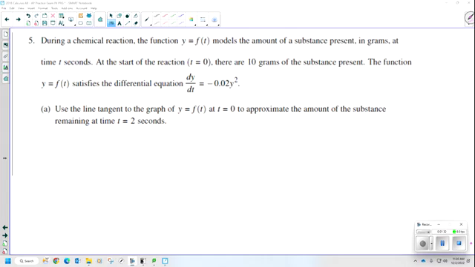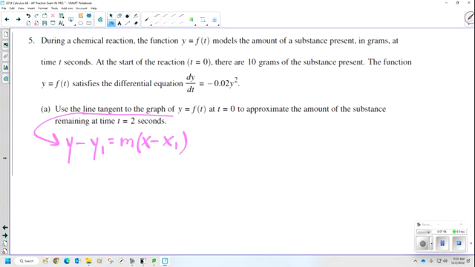Two things we need to do. Line tangent to the graph, that tells me y minus y1 equals m times x minus x1. Anytime you need a line tangent or the equation of a tangent line, we always go to y minus y1 equals m times x minus x1.